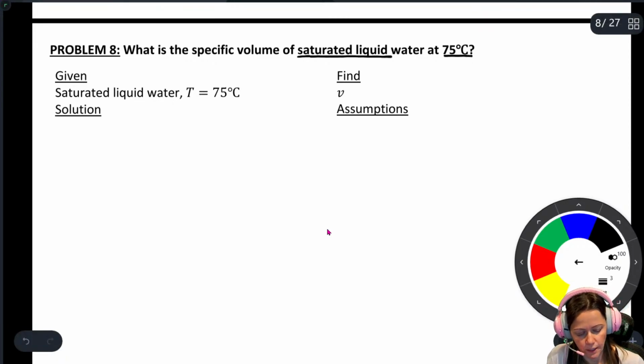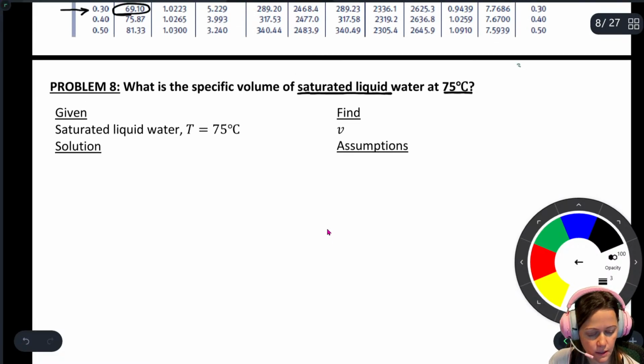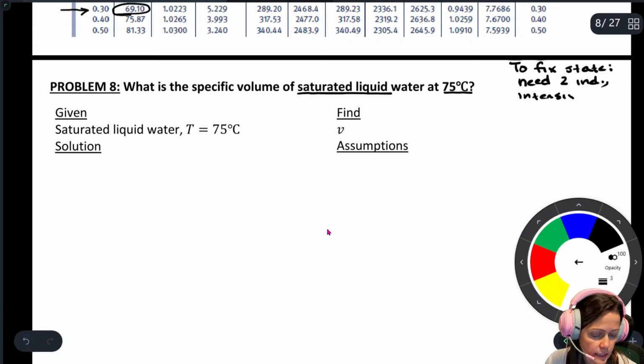So in order to fix the state, we need 2 independent intensive properties.